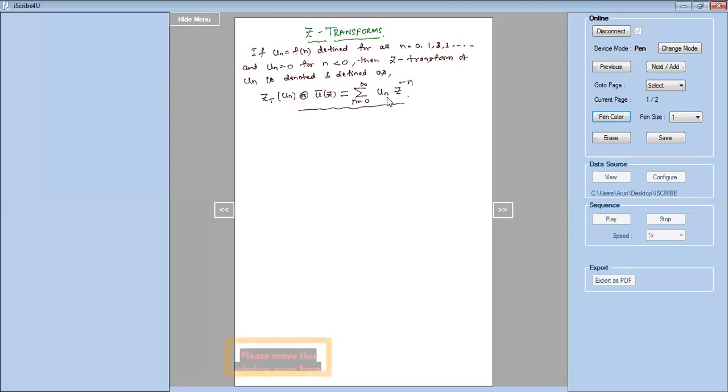Now we have one important property in Z transformation. We'll discuss the property first.